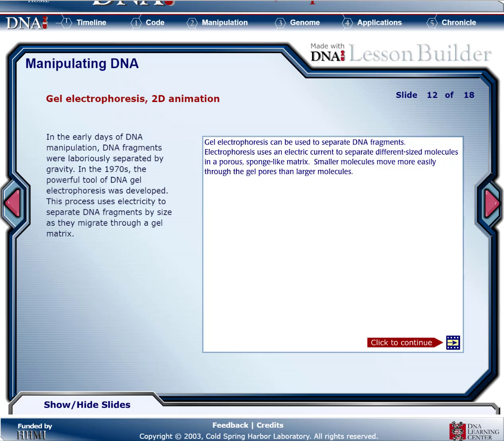The smaller molecules move faster and more easily through the gel pores than larger molecules. Visual inspection of the DNA reptation movement through the pores of the gel matrix is made possible by using a blue dye.